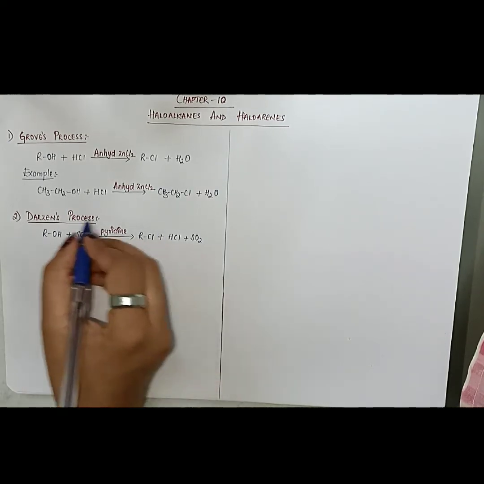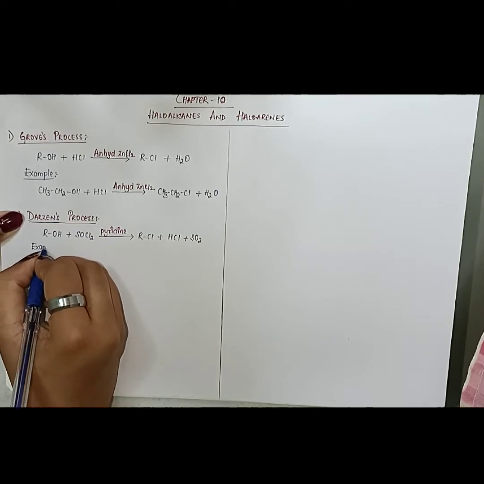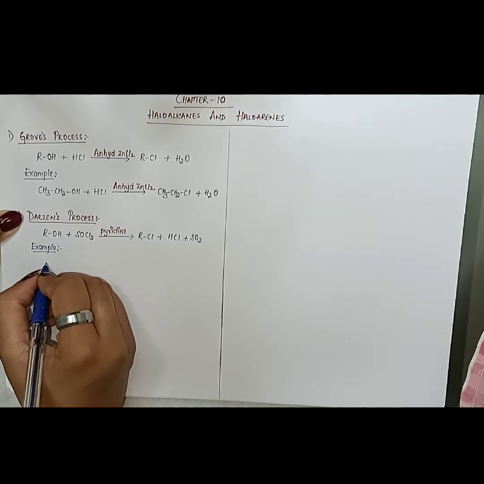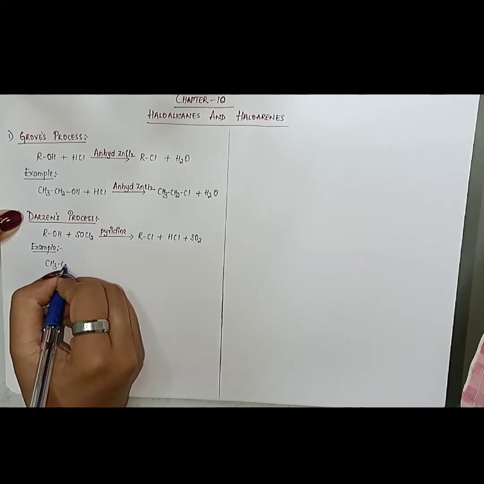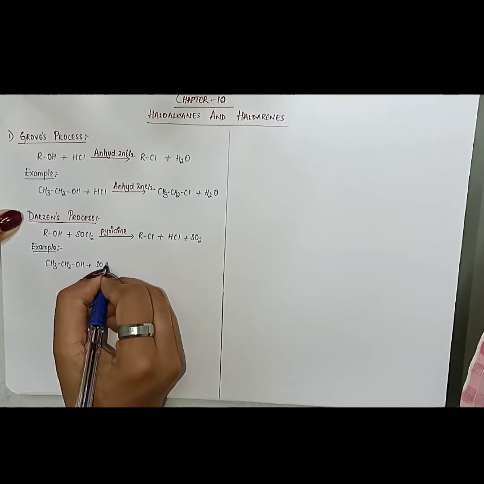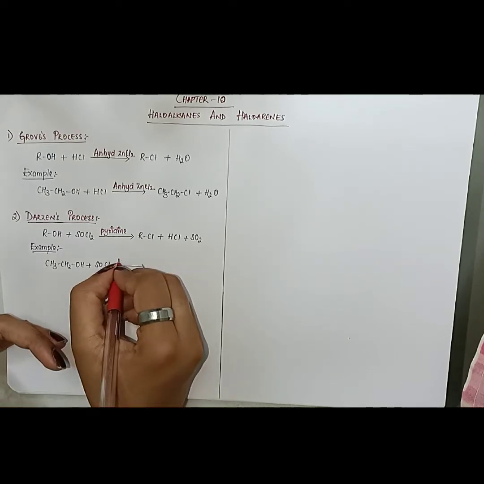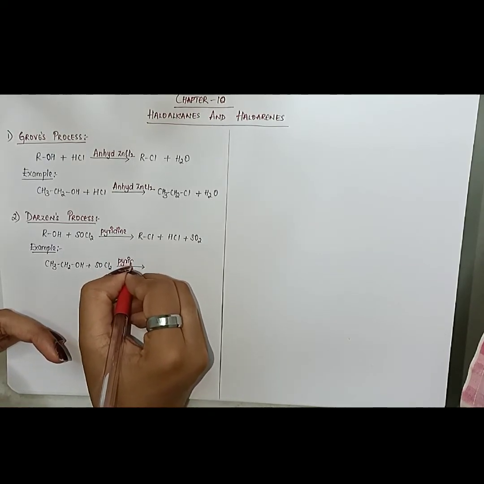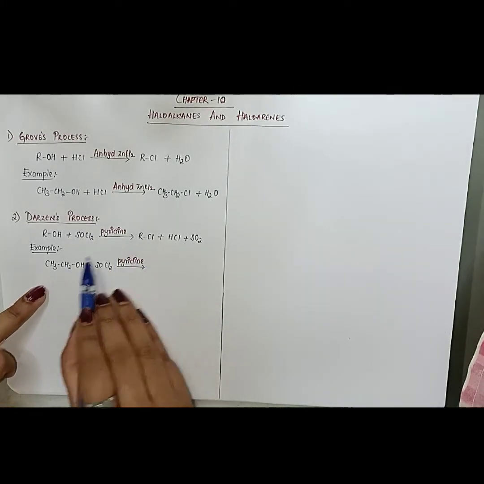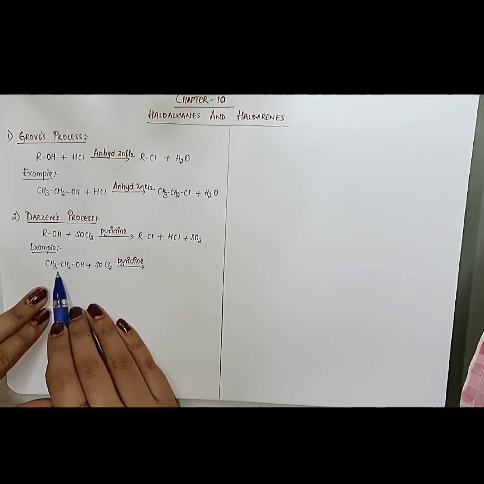Now the same thing if I'm taking an example for it. You can again take R as any alkyl group. So here I'm taking again ethyl group, ethyl alcohol plus SOCl2 in the presence of pyridine. Now here same way, R group is CH3, CH2 with a Cl. So this is the positive center.